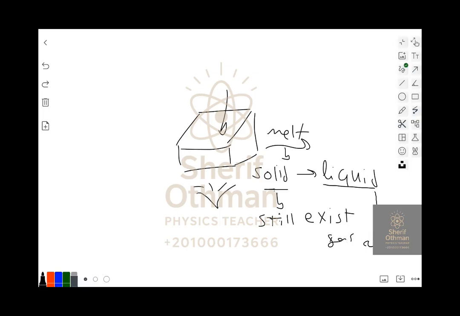At this stage, after reaching the boiling point, at the boiling point itself, there's no increase in temperature, as all of the heat is used in converting liquid into gas. After that, when all of the matter became a gas, the temperature will increase again.